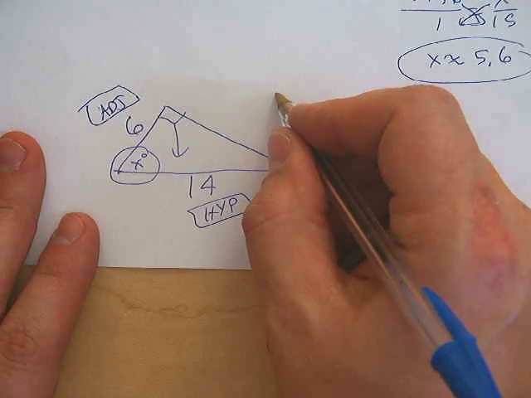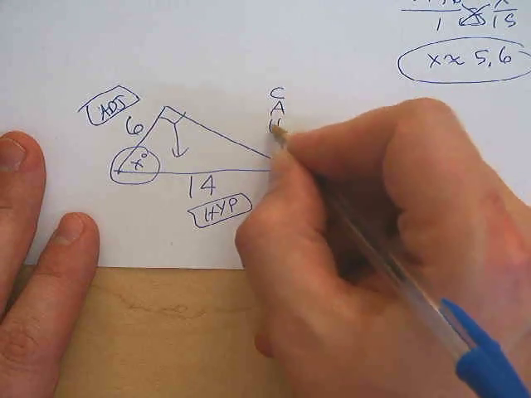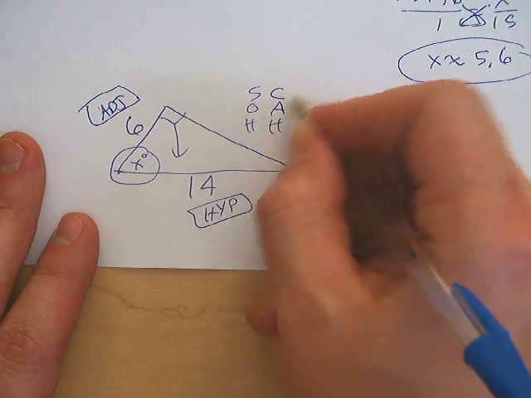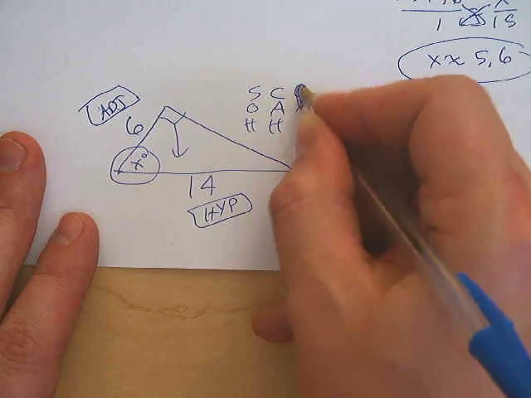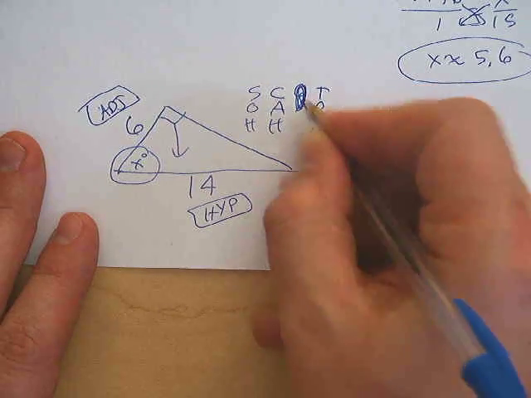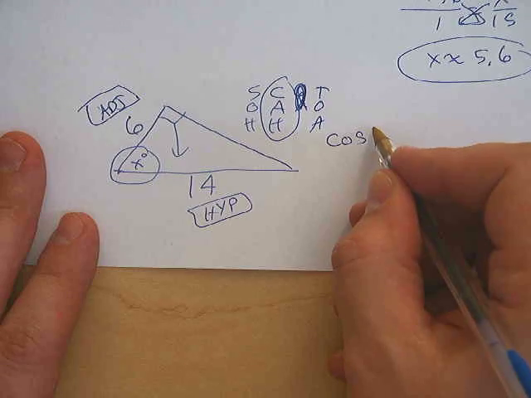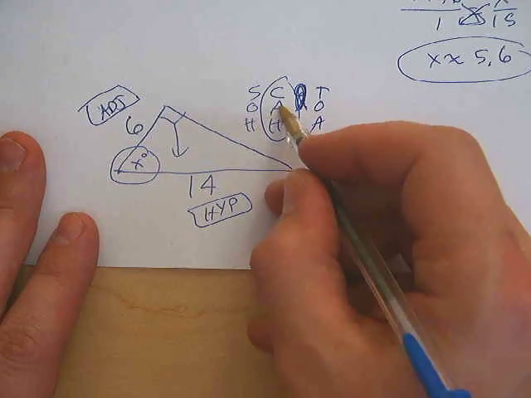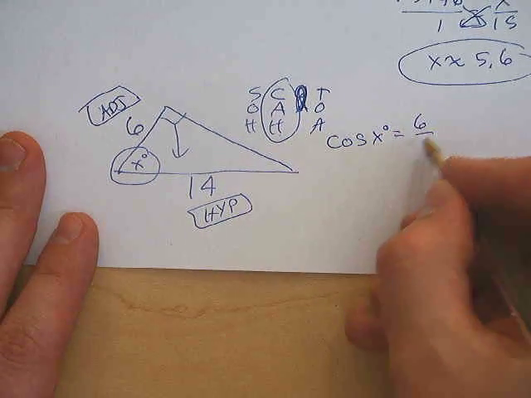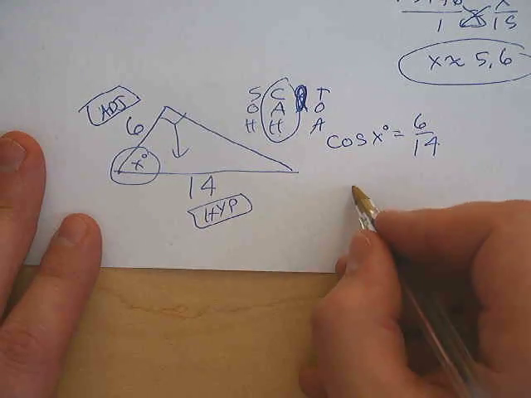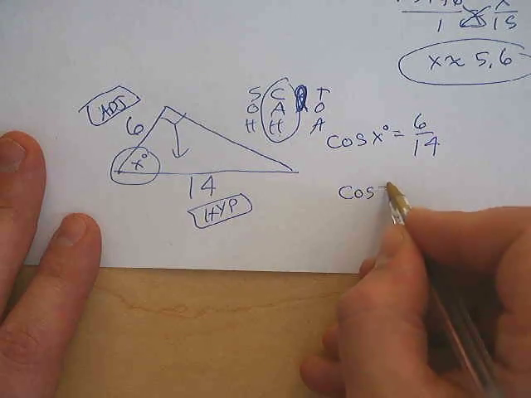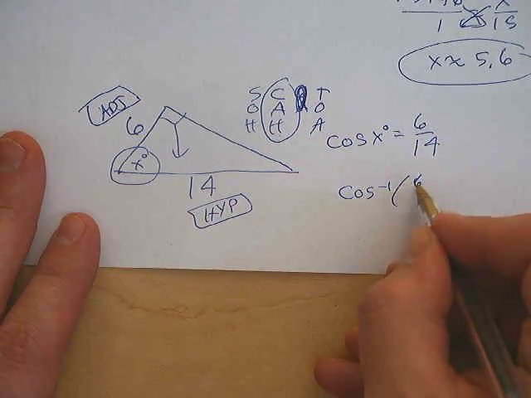I have adjacent hypotenuse, which would be cosine. So COTOA. So cosine of x degrees equals a over h, which is 6 over 14.